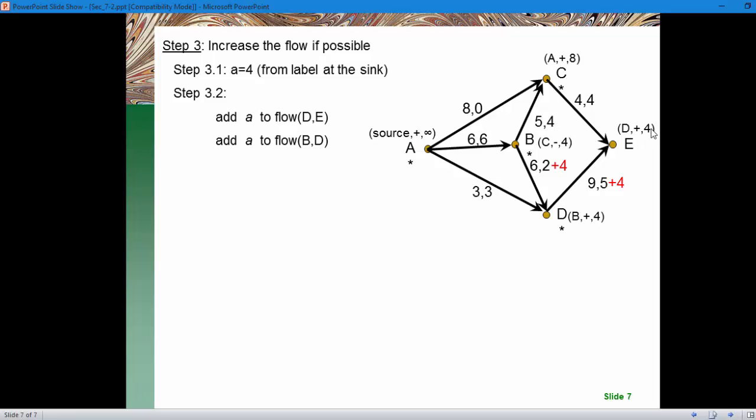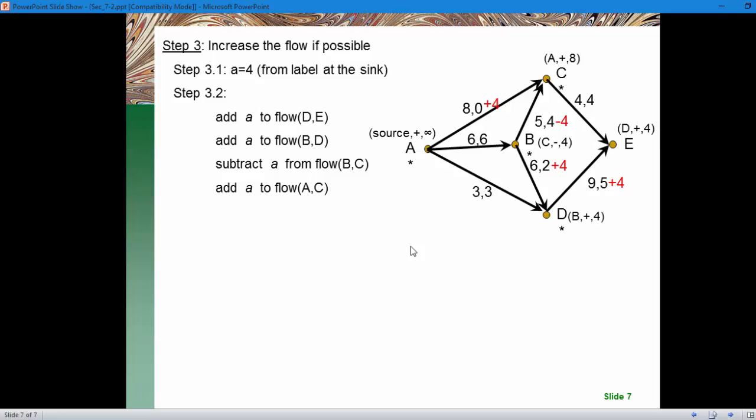We only use the very last number. It's the very last number that counts. So we decrease 4 units there, and we add 4 units here. Even though I can bring up to 8 units of flow along this edge, we only add 4 because that's the number here at the sink.